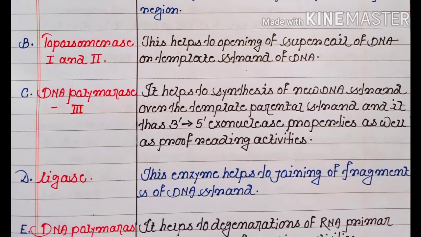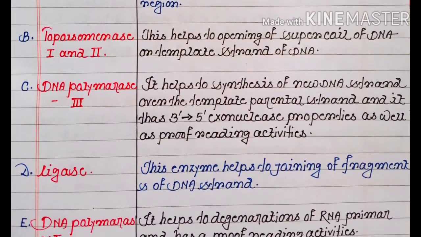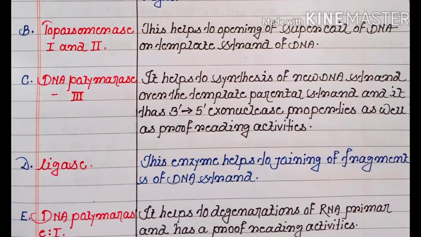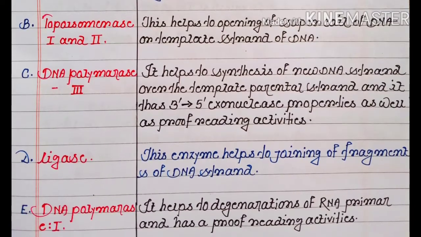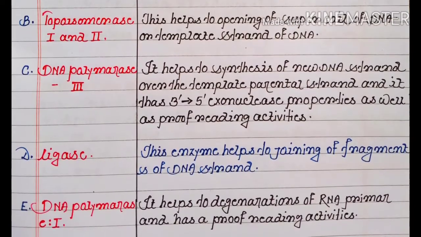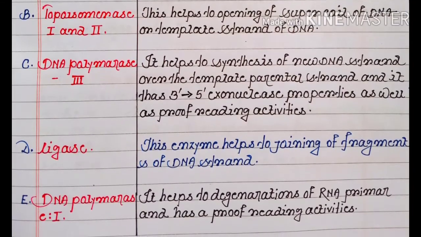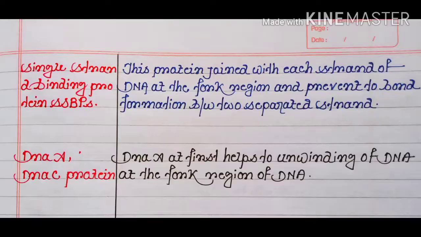The ligase. This enzyme helps to join fragments of the DNA strand. Next, DNA polymerase 1. It helps to remove the RNA primer and has a proofreading activity.